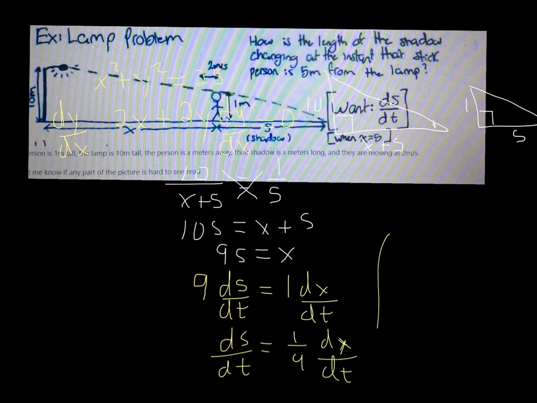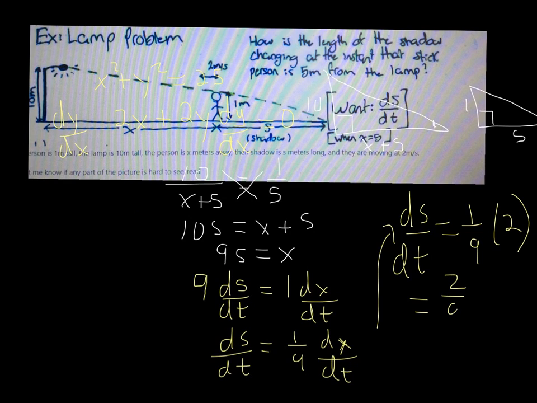And so if we just solve for ds/dt by substituting in the 2 meters, if he was going towards the lamppost, it would actually be minus 2 meters per second because he's closing in on it, he's reducing the distance. So it may not matter here if they weren't specific about what direction he's going. And so this is what I would get for the rate of change of ds/dt, how fast it's changing: 2/9 meters per second.